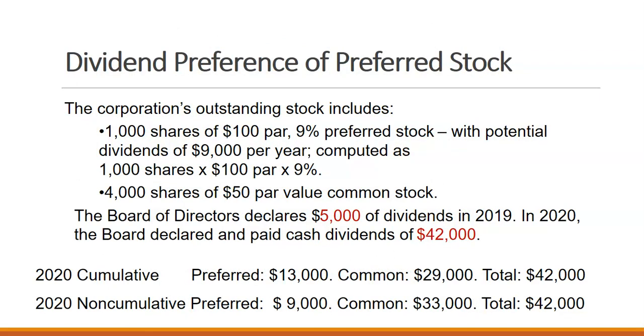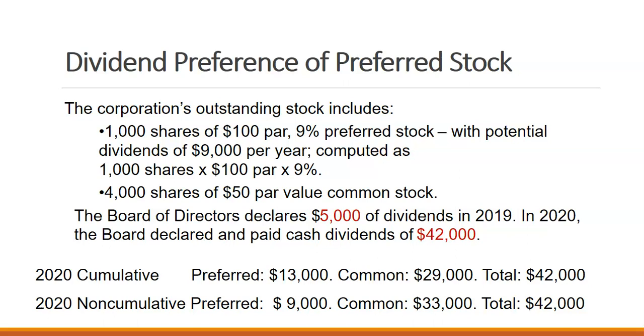The dividend preference of preferred stock. So when we're looking at this, we have a corporation with outstanding stock. They have 1,000 shares of $100 par value 9% preferred stock with potential dividends of $9,000 per year. So that's 1,000 shares times $100 times 9%.